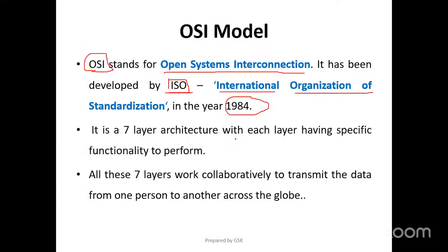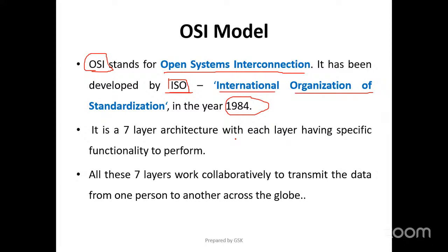So before we start the OSI model, let me tell you some more points. Actually, what is the use of the OSI model? What was the scenario before the OSI model in the network? Before the OSI model, every company maintained its own format to transmit the data.